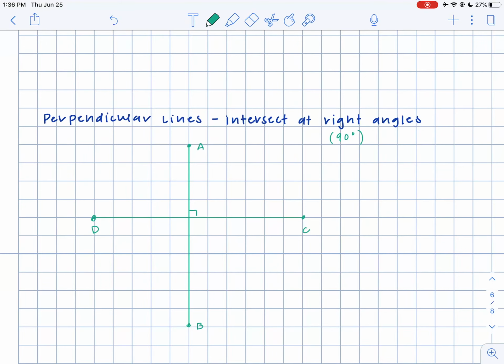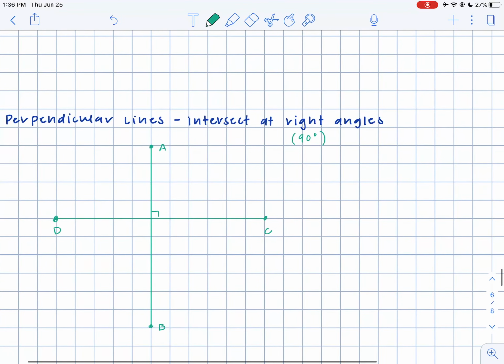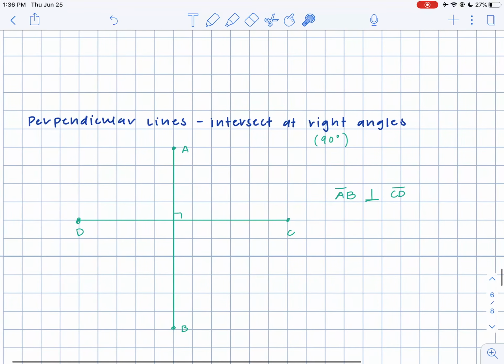So we see that they intersect at a 90-degree angle. And what would that mean? Well, we would say segment AB, and we do this notation, which means perpendicular to CD. And this notation is just an upside down capital T.